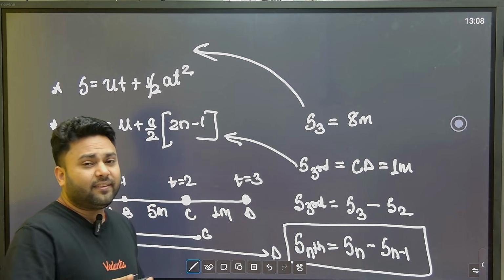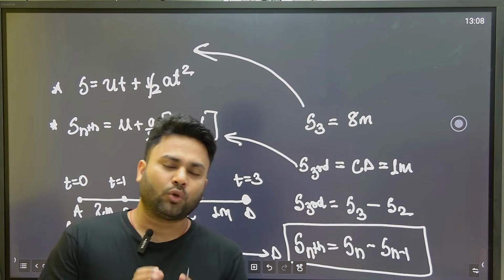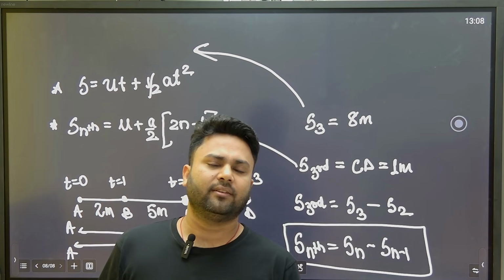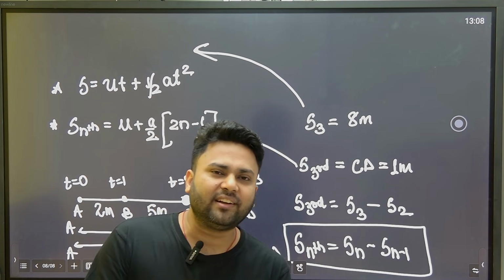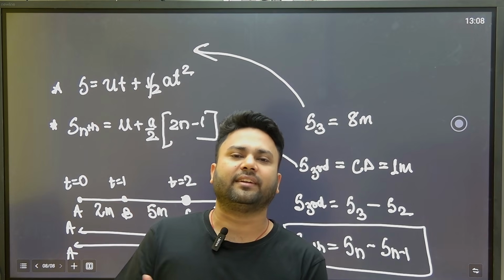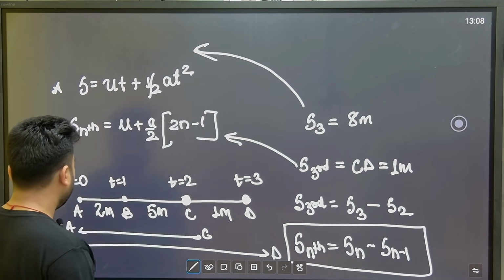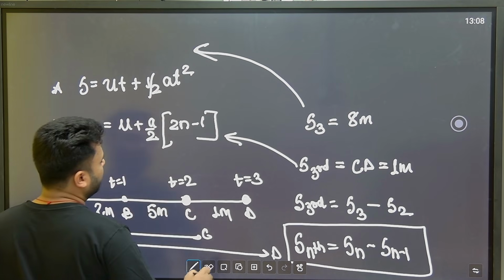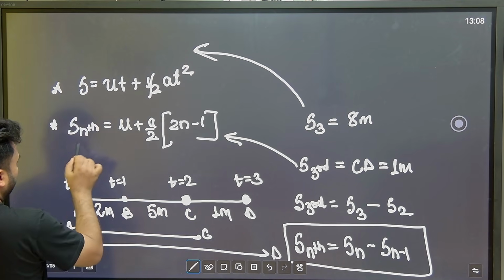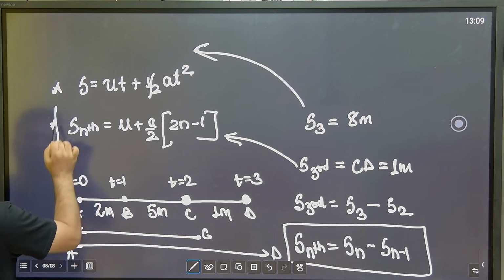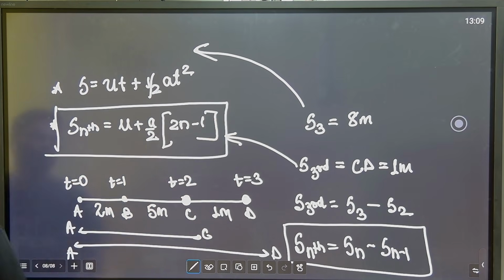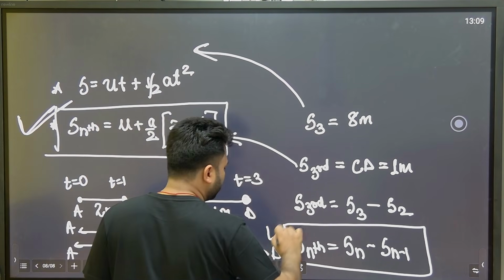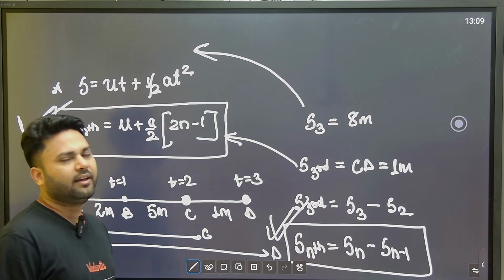Distance covered in nth second is equal to total distance covered in n seconds minus total distance covered in n minus 1 seconds. Okay. So always remember that you can write this formula according to the question. You see the question, you can use this formula also, distance covered in nth second.